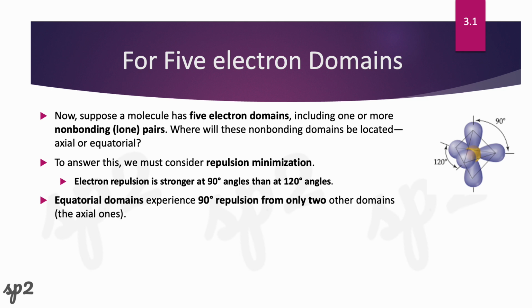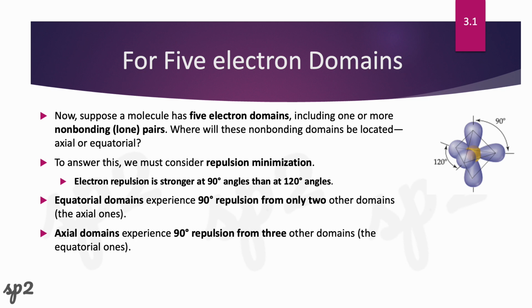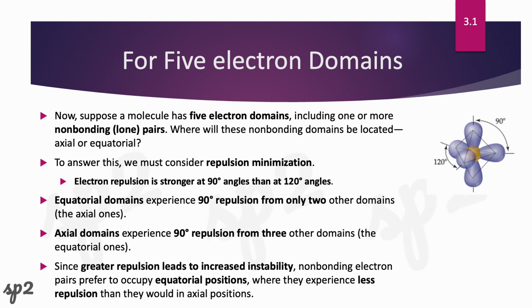Having said that, your equatorial domains are going to experience 90-degree repulsion from only 2 other electron pairs, the axial ones. But if you have them on the axial domains, they're going to experience 90-degree repulsion from the other 3 domains, the equatorial ones.